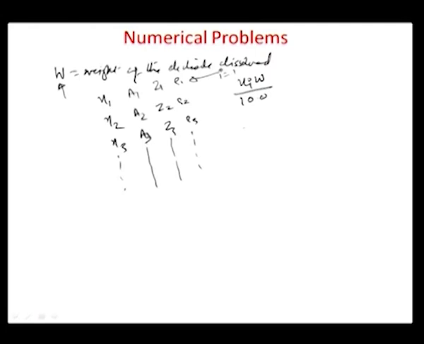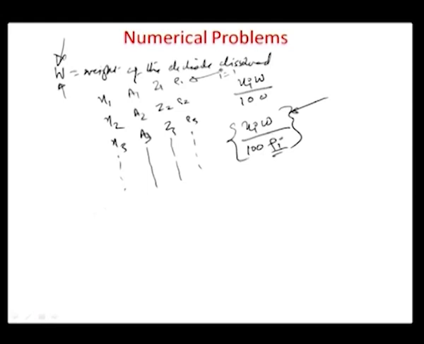The total volume of the material present is the total weight divided by the density. So for the ith component, the volume in this weight W is xi W divided by 100 rho i.